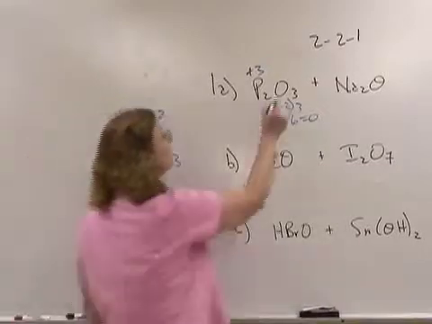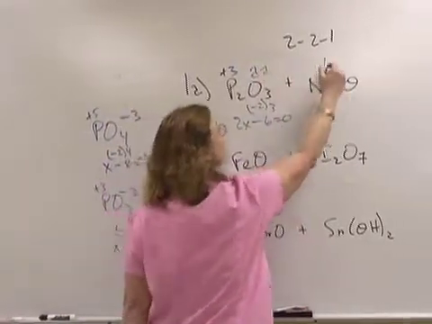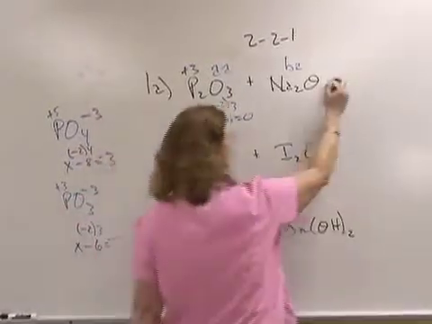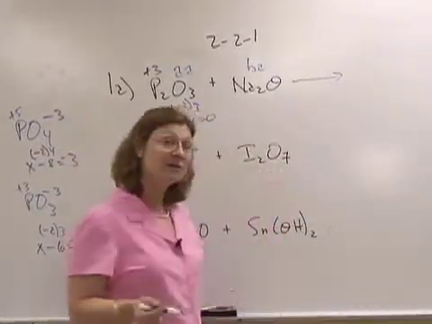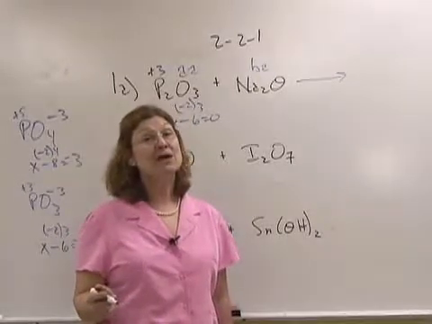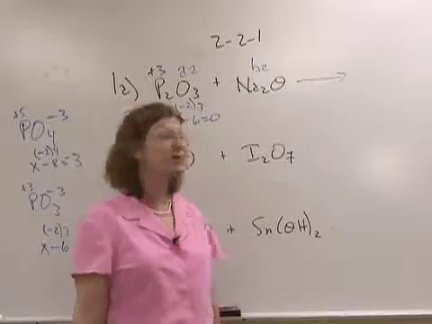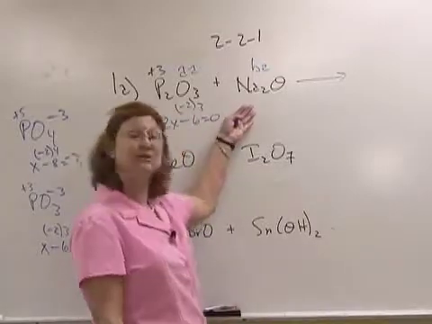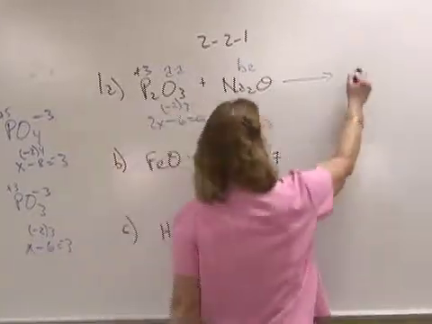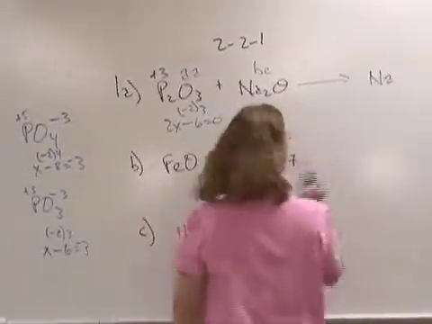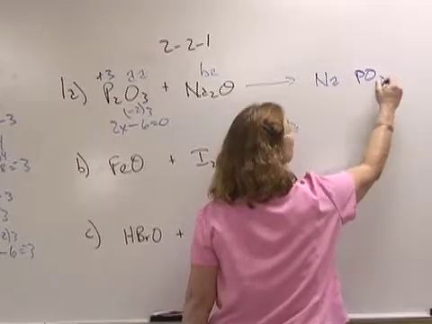Now, I know that when I have an acid anhydride and a base anhydride, I'm going to get a salt. A salt is a metal with a nonmetal or a metal with a polyatomic ion. I know that I have to get a polyatomic ion because I have all of these oxygens. My metal here is sodium, and I figured out that phosphite was my polyatomic ion.